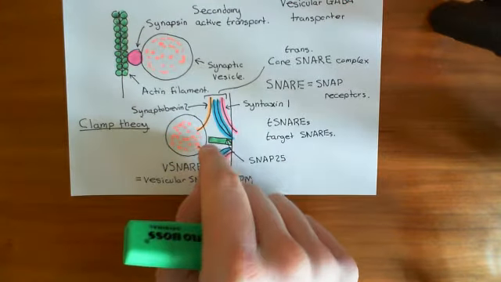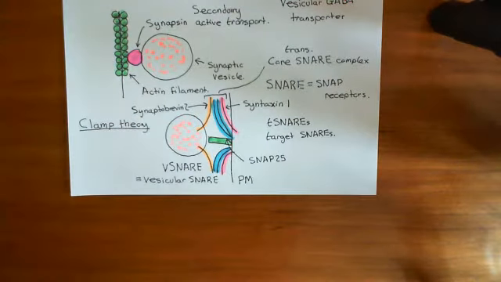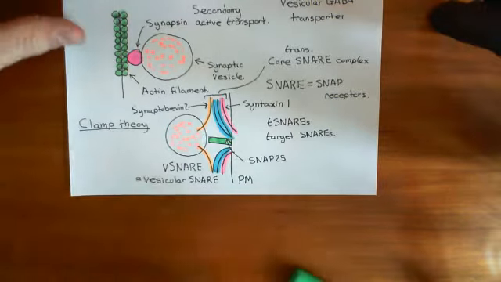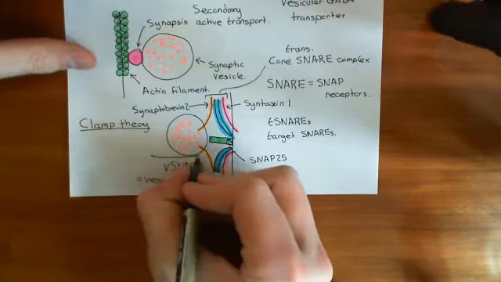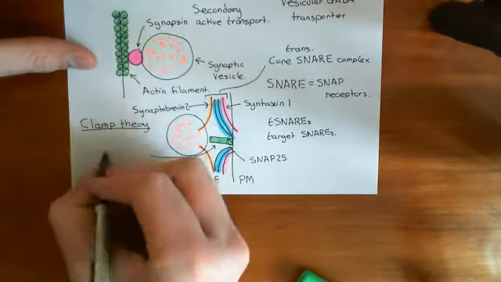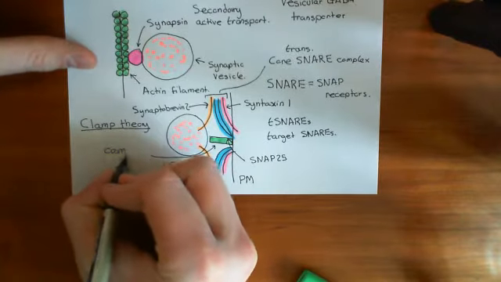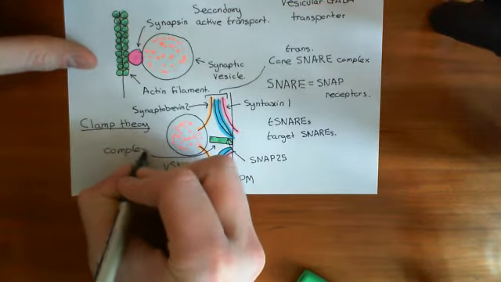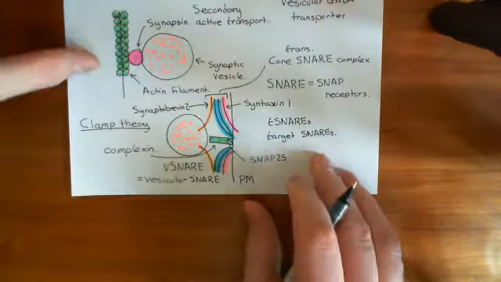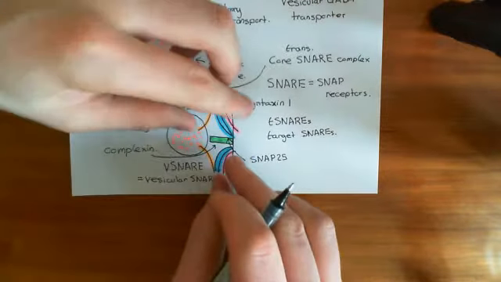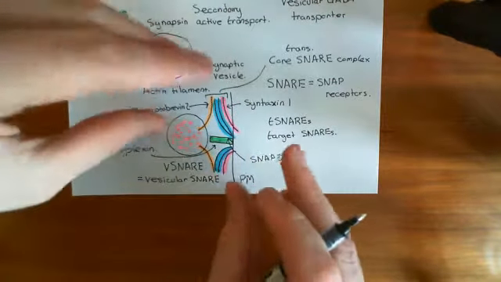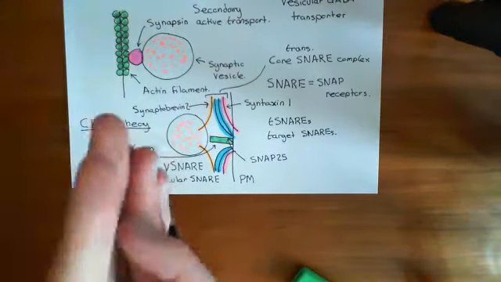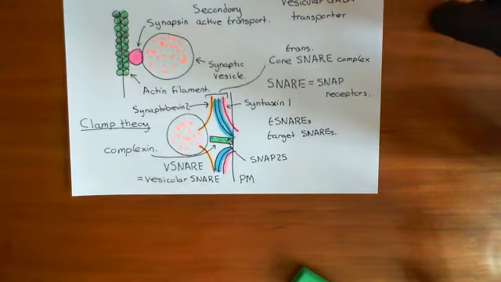So basically, if you were to remove this protein, the hypothesized protein that does this is a protein known as complexin. Okay, so the hypothesis is that if you removed complexin, the core SNARE complexes would tighten up even more. Those would bring the membranes closer together, and then they would fuse.